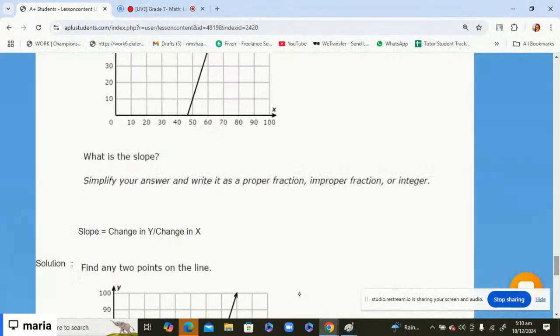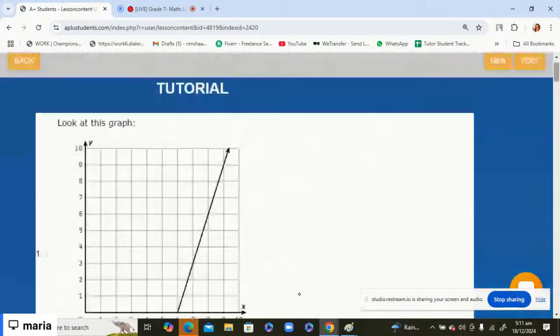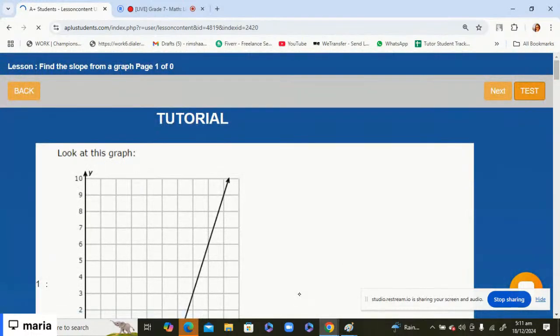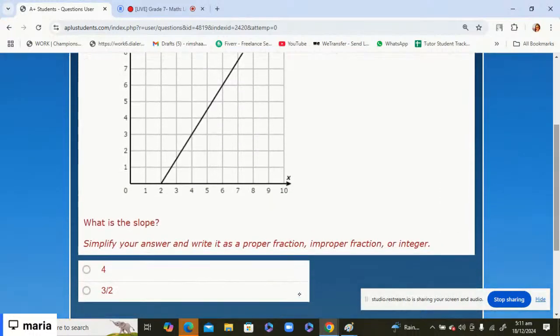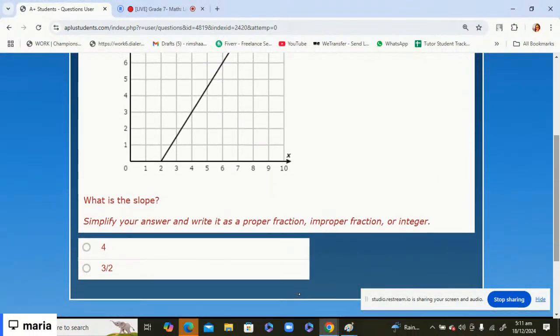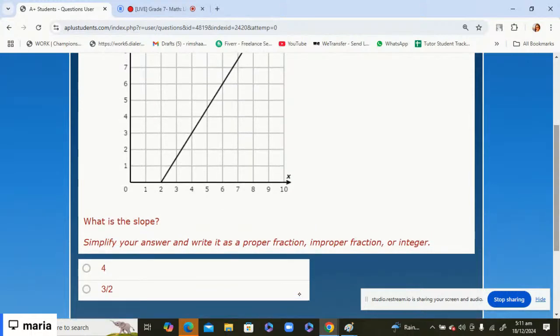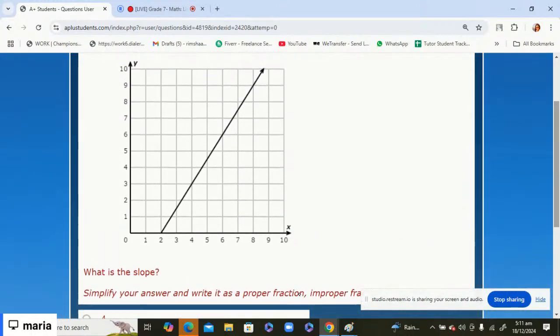Now let's do the test questions. Look at this graph. What is the slope? Simplify your answer and write it as a proper fraction, improper fraction, or integer.